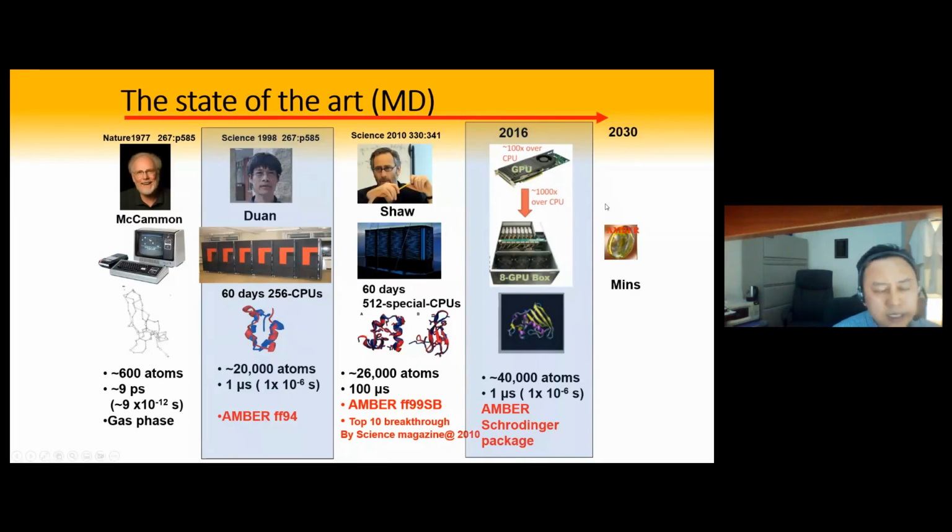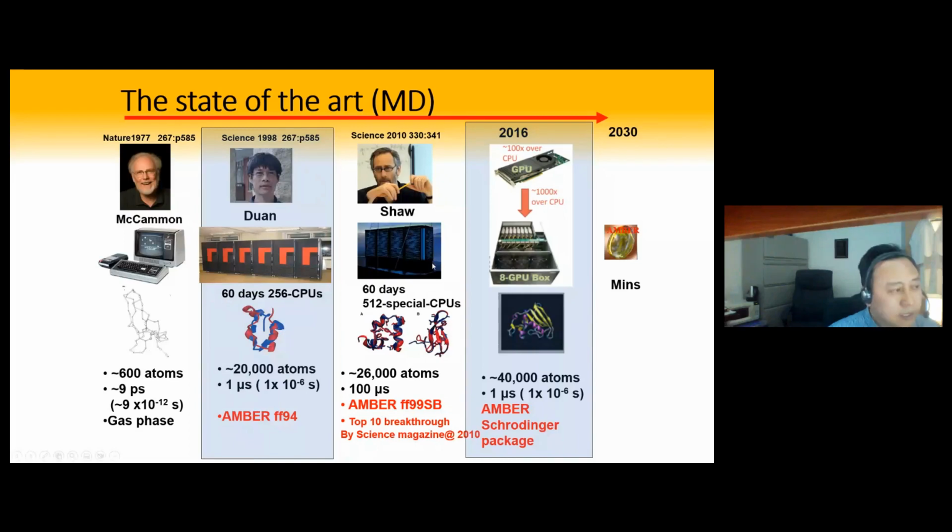Every year, it's double speed and half price. You wait for 10 years, and it becomes thousandfold more powerful. So I predict in 2030, not far from now, 8 years, you probably can do those simulations in just a second or a minute. You can get all your results and analyze them to understand the insight.